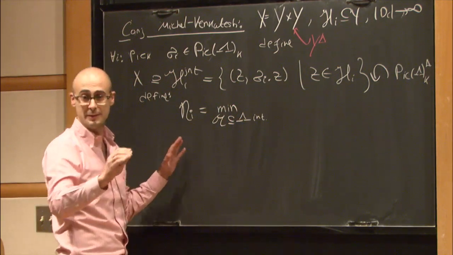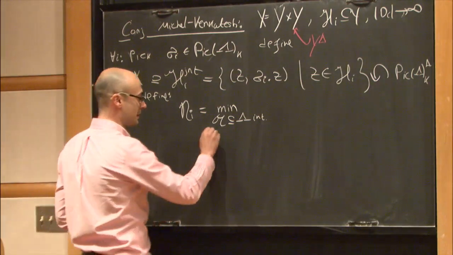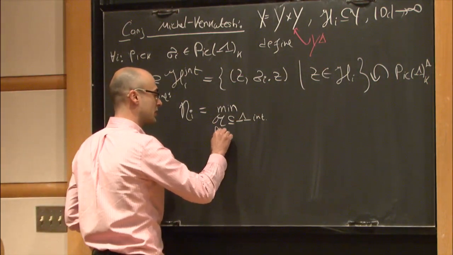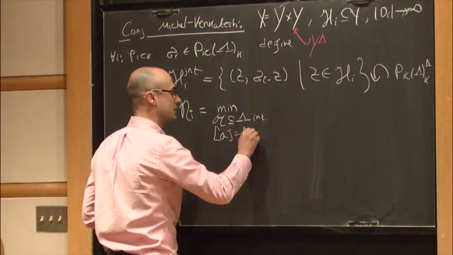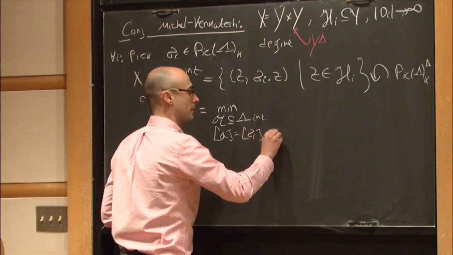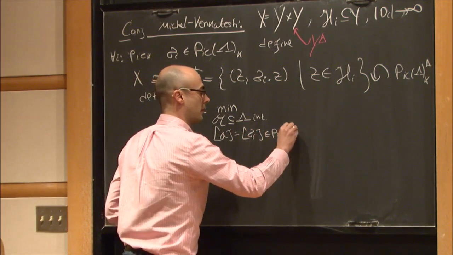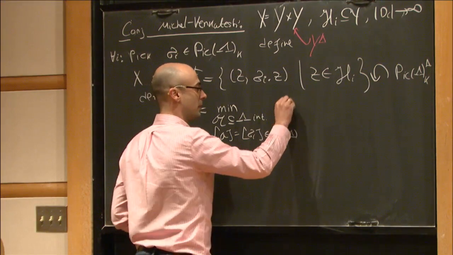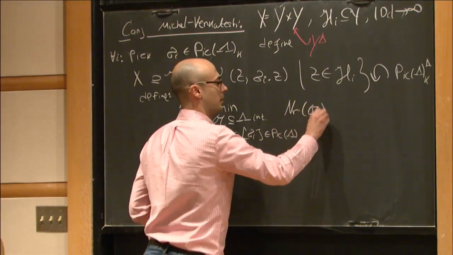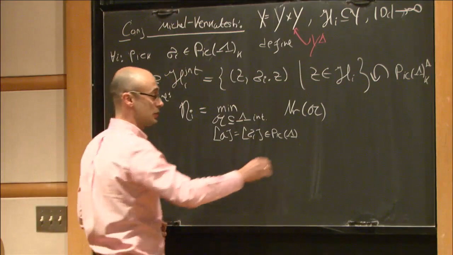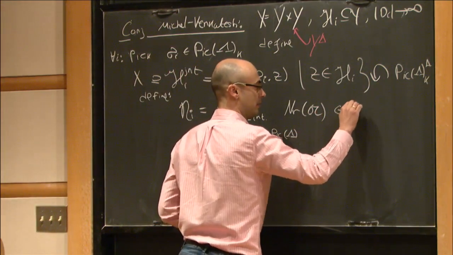All my ideals are going to be lambda ideals, and they're going to be invertible. You look only at those whose class in the Picard group corresponds to the image of sigma_i in the Picard group. This is the real Picard group. And you look at the minimum of all norms. So it's some integer, some invariant of sigma_i.